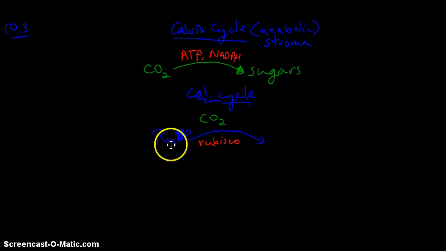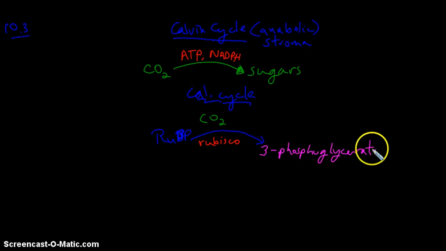Rubisco helps join CO2 to this carbon carrier RUBP. Now, this creates a molecule called 3-phosphoglycerate. Now, I don't anticipate asking this on any problems on a test or quiz, but I just want to put it out there that RUBP joins with carbon dioxide with the help of rubisco to form this brand new molecule.